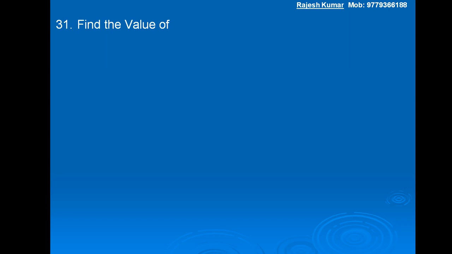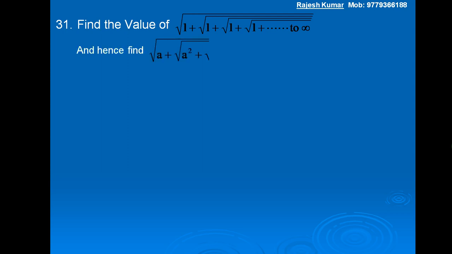Find the value of square root of 1 plus square root of 1 plus square root of 1 plus and so on up to infinity, and hence find the value of square root of a plus square root of a square plus square root of a to the power 4 plus square root of a to the power 8 plus and so on up to infinity.